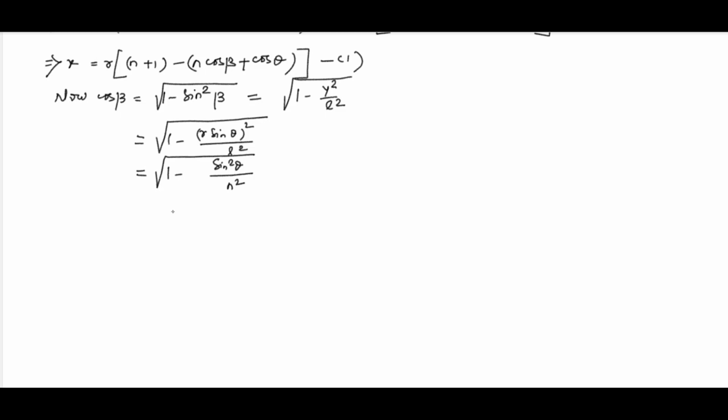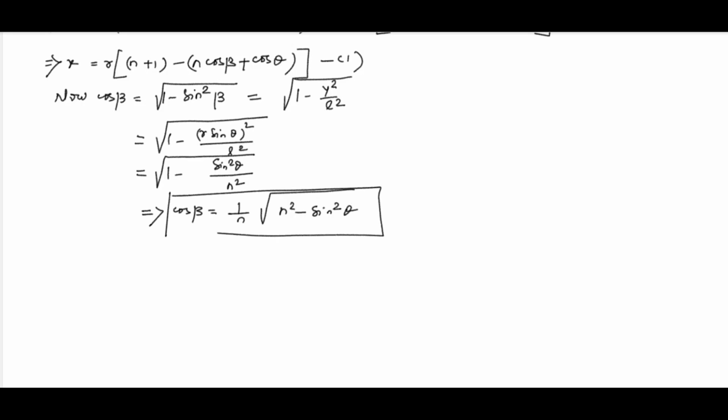Upon simplification we can write that cos beta is equal to 1 by n root over of n square minus sine square theta. Let's say this is equation 2.